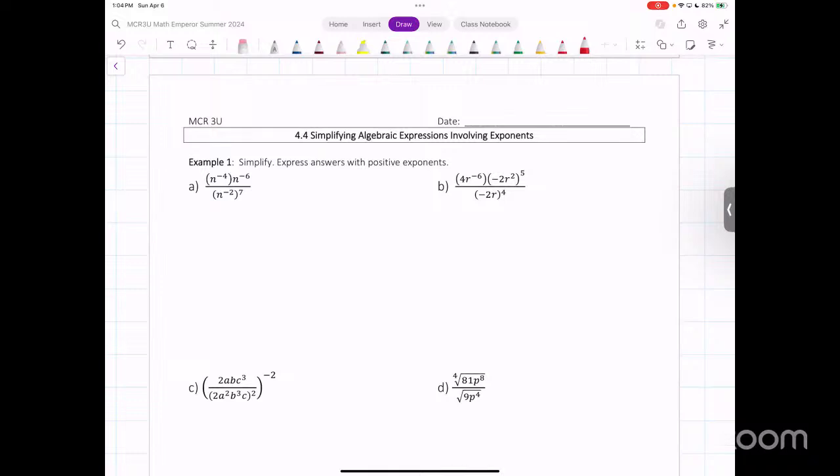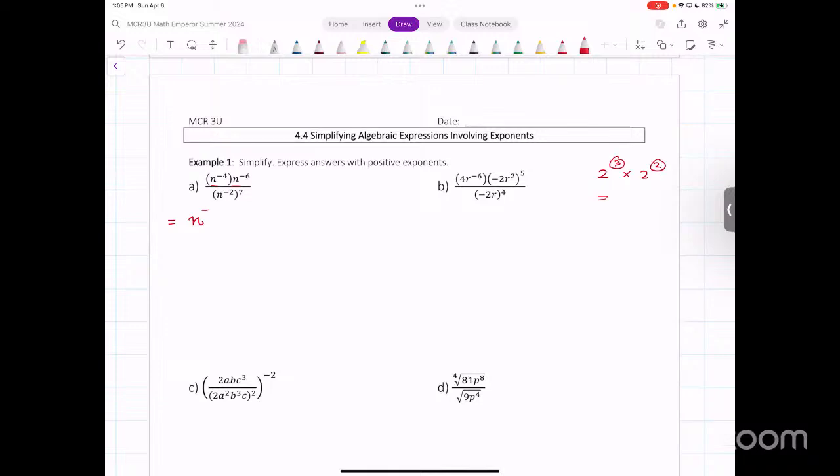Simplify using exponent rules and leave the answer in positive exponents. I will do it. You can do the textbook questions because they're not easy. So first one, when you multiply the same bases, what should I do for the exponents? You add them.